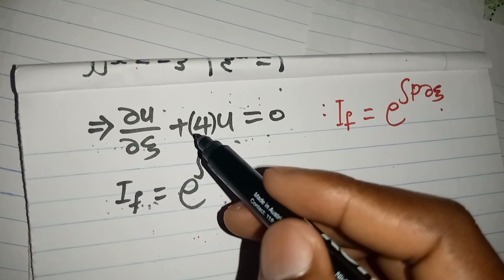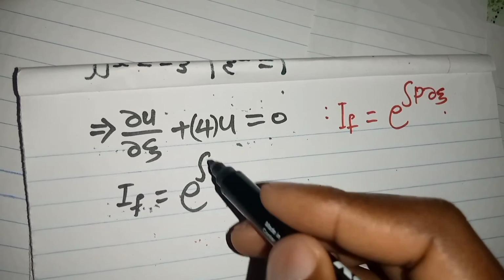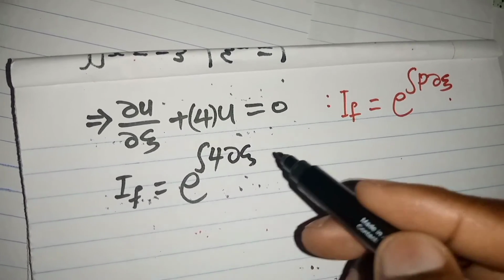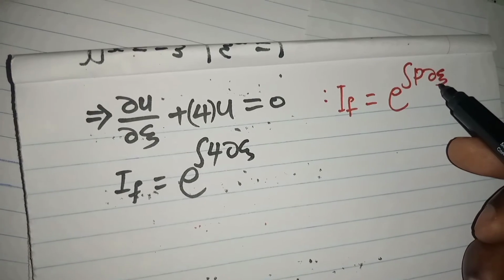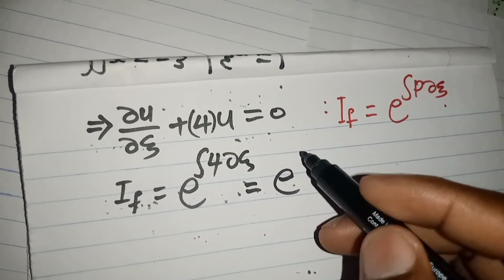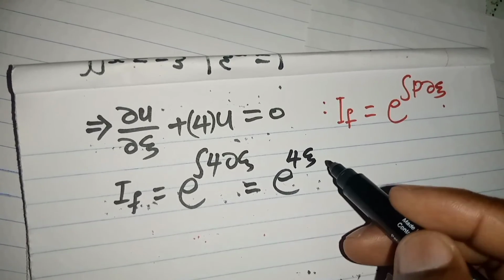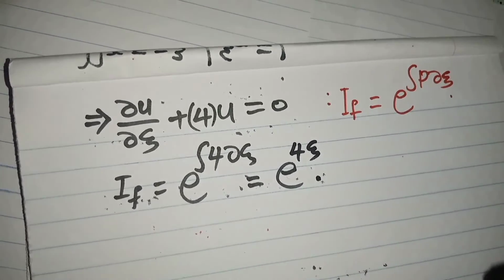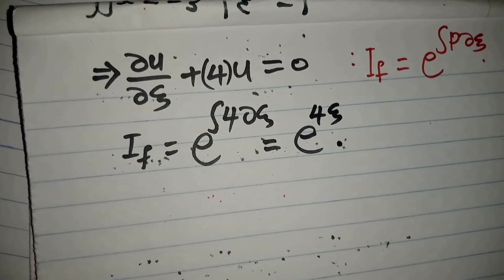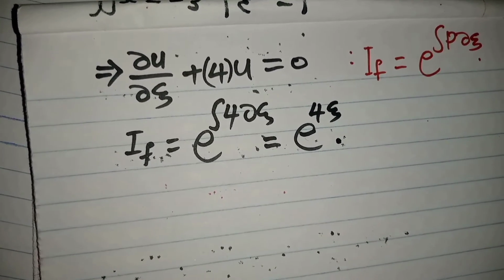So the value of p here is 4. So this will be 4 with respect to xi. So this will simplify to exponential 4xi. So this will be our integrating factor.